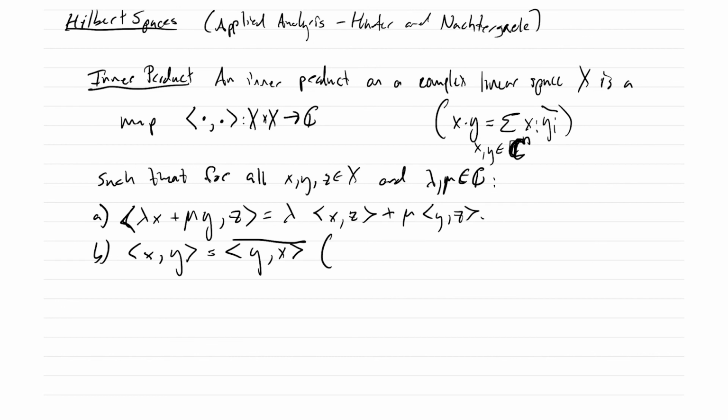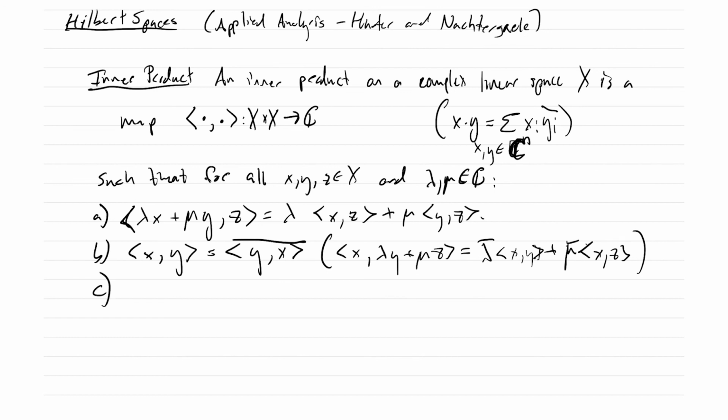And this is what you get: x comma lambda y plus mu z is equal to lambda bar times x comma y plus mu bar times x comma z. And so here we see conjugate linearity coming out in the second variable. And so that means that is where our functionals are going to be coming on the right.